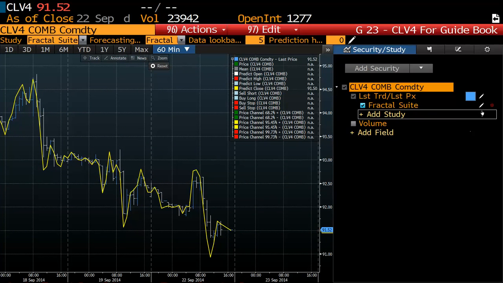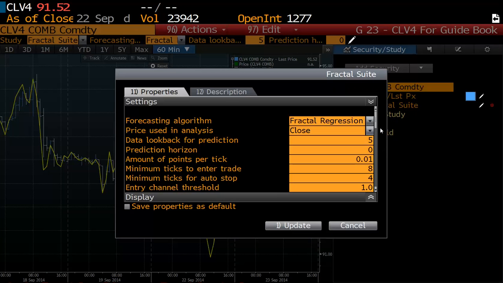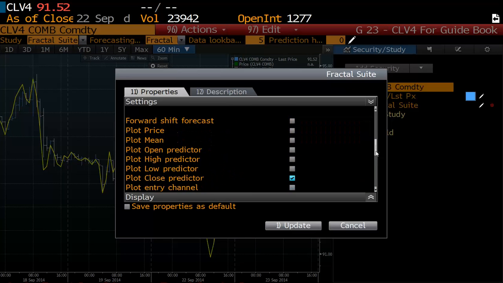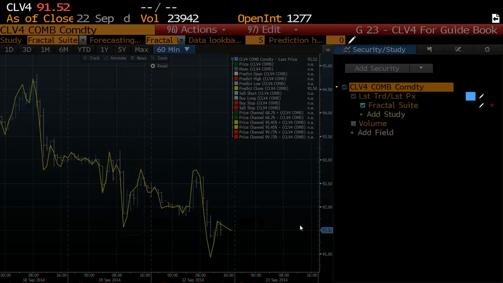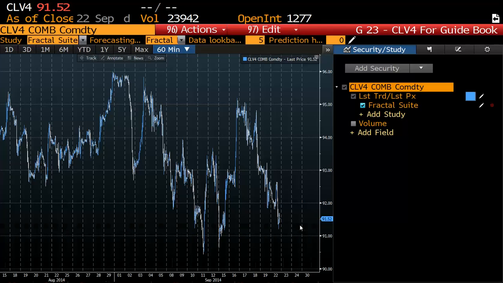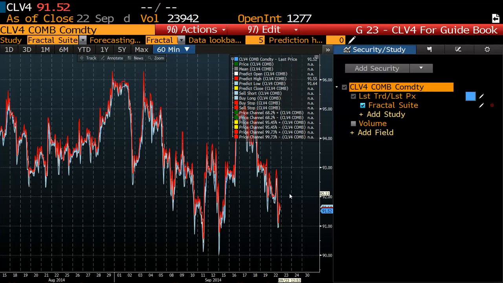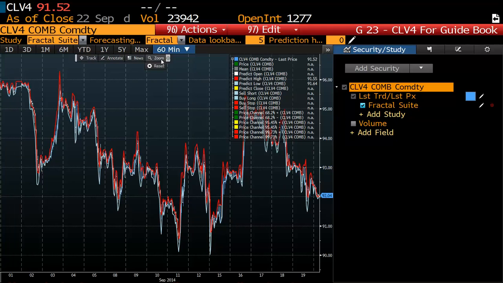So we can change these different types of predictions very easily by just turning off one and turning on another. So maybe we want to add the predicted high and the predicted low. So we update again, and here we have them based on the fractal regression.